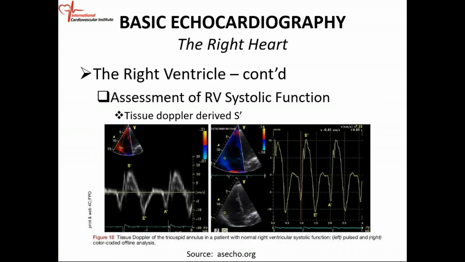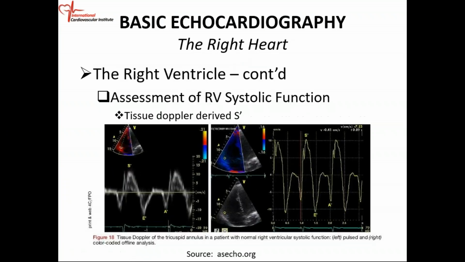So again, when you do your RV S prime, you're going to get something looking like this. This is your systolic excursion. These are your diastolic excursions. The first one is your E prime, and the next one is your A prime. This is what you're going to measure. The S prime should be greater than 9.5.